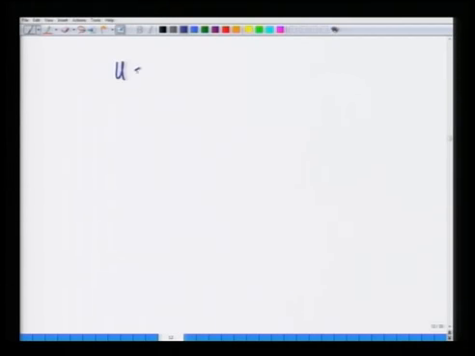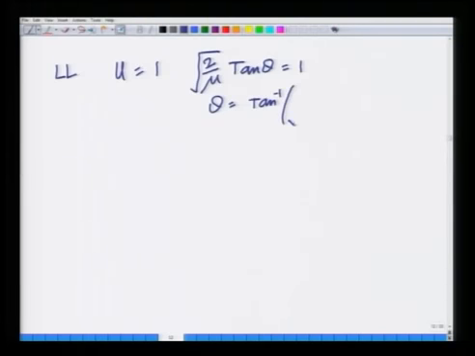When u equals 1, for the lower limit, root 2 by mu tan theta equals 1, which means theta equals tan inverse square root of mu over 2. All right.